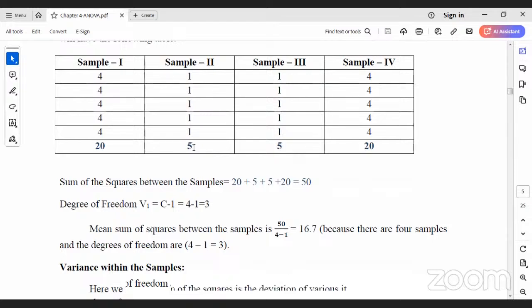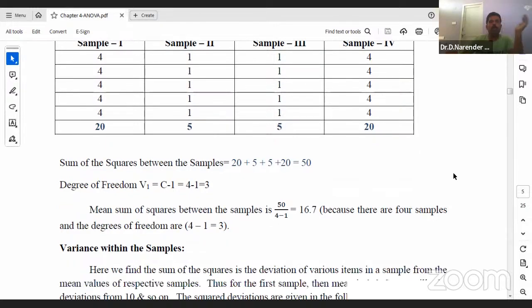I think you understood? Any doubt? No doubts, sir. Clear. Okay. So I'm moving on. We got the SSC value, then the C minus 1 value, then the MSC value.